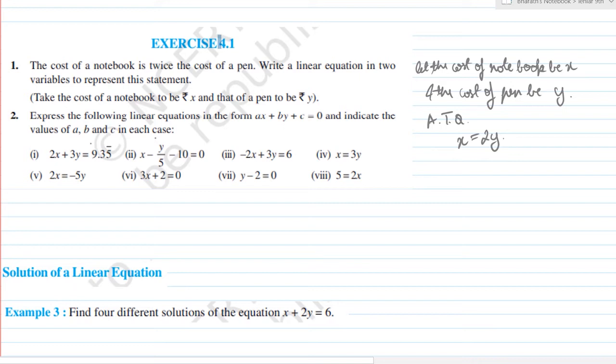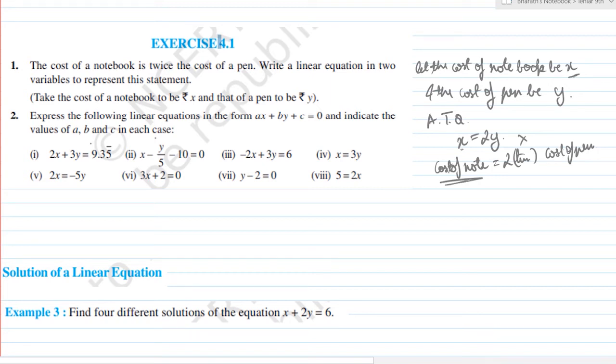The cost of notebook is equal to 2 times, or 2 multiplied by, the cost of pen. Same thing, the cost of notebook is our x.